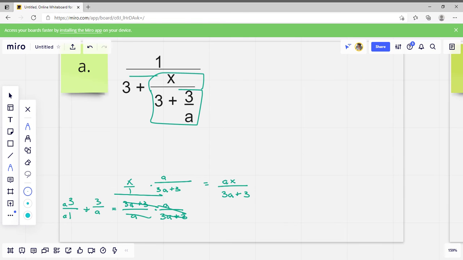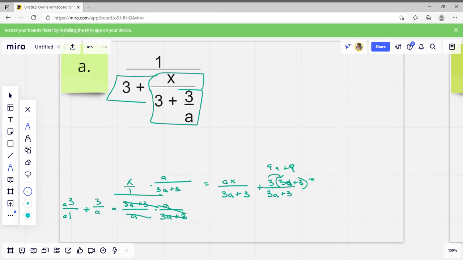Okay, now I'm going to add this 3. Okay, I'm going to make it 3 over 1. Well, I've got to make this common denominator here, so I'm going to have 3A plus 3 on the bottom. I have to put it on the top too. 3A plus 3. We'll rainbow this, and we'll get 9A plus 9.